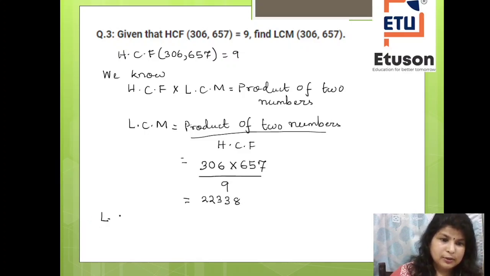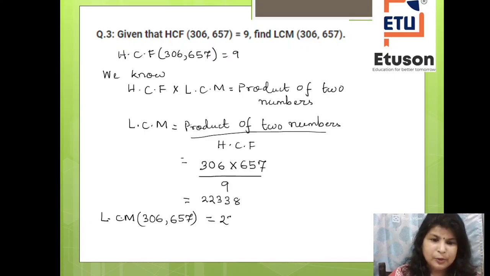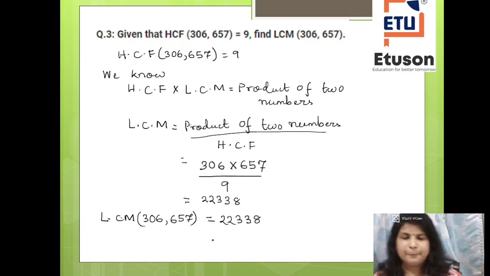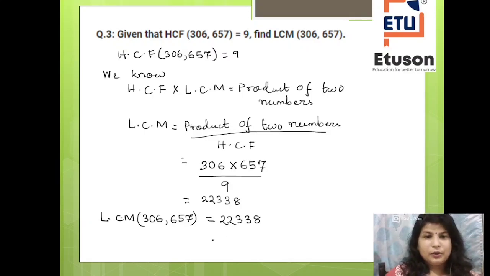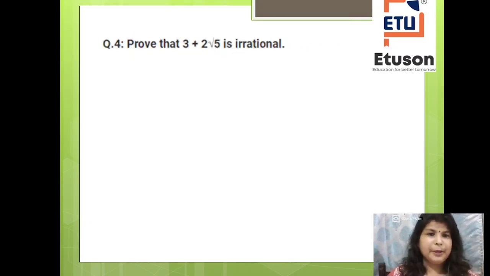So the LCM, lowest common multiple, of 306 and 657 is equal to 22,338. Correct, children? Okay, so hope you have understood it. Now let us go to the next problem.